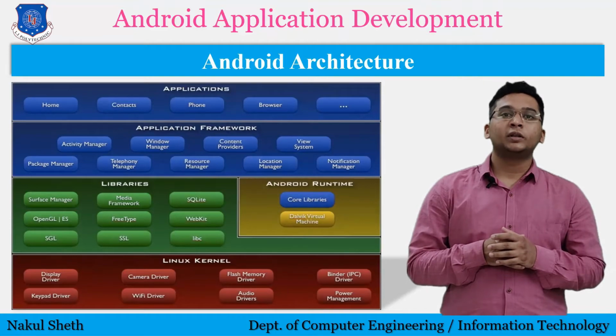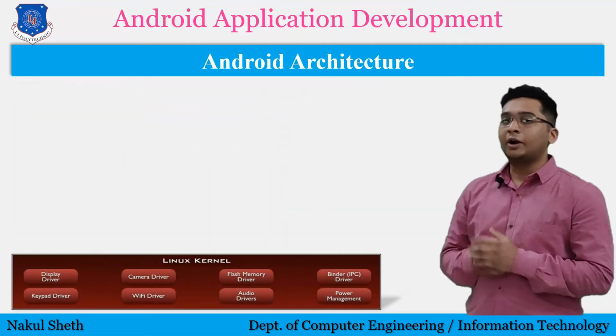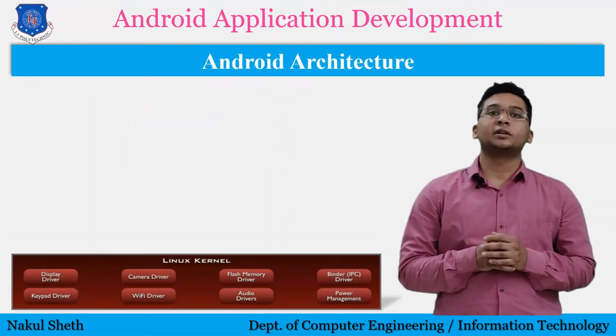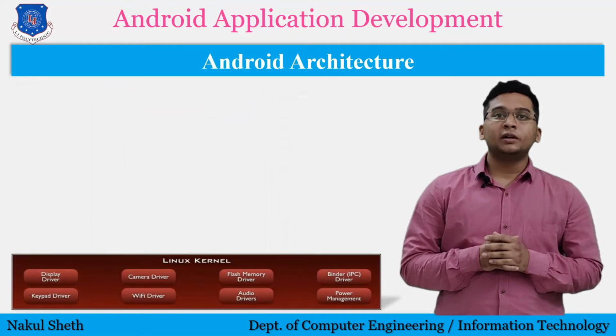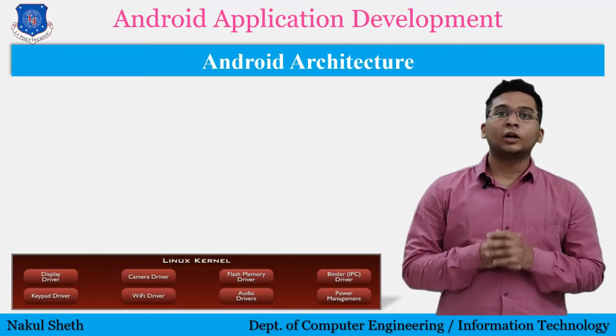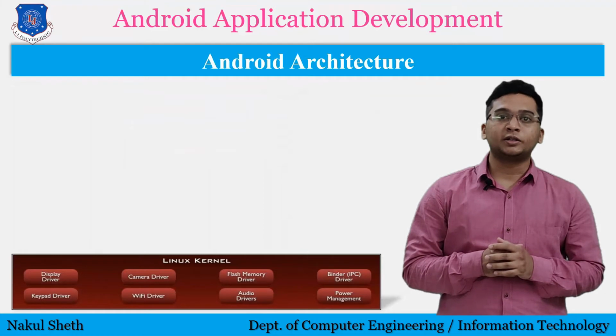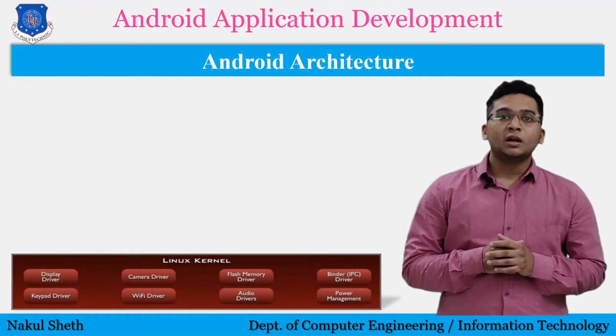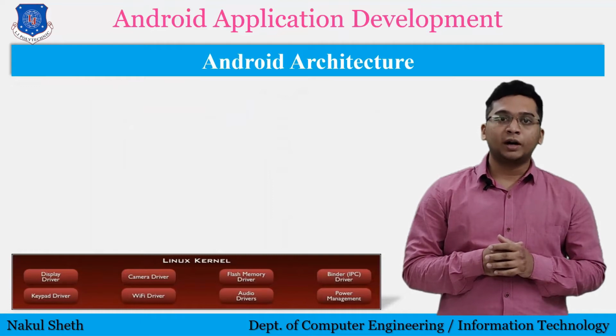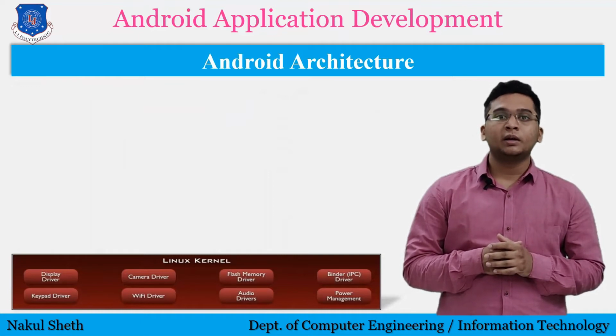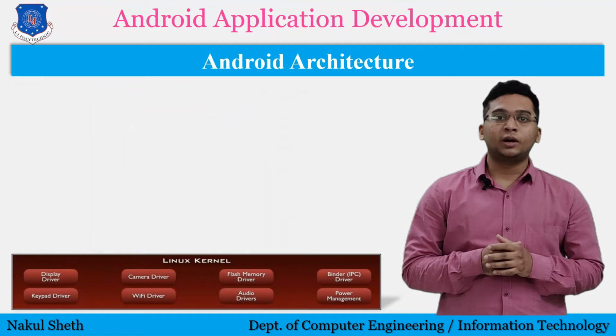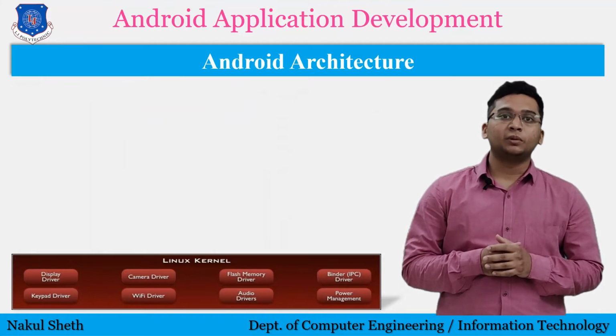So let us start with the bottommost layer of Android architecture, that is Linux kernel. Linux kernel is the basic and bottommost layer of Android architecture. Linux kernel provides the core services including hardware drivers, process management, memory management, security, network management, power management, and many more.